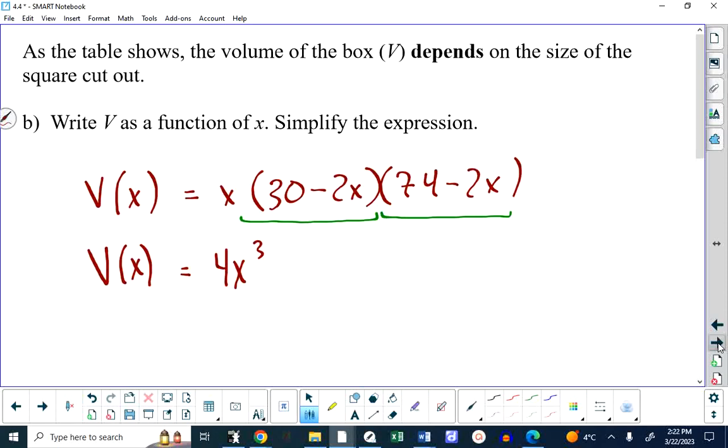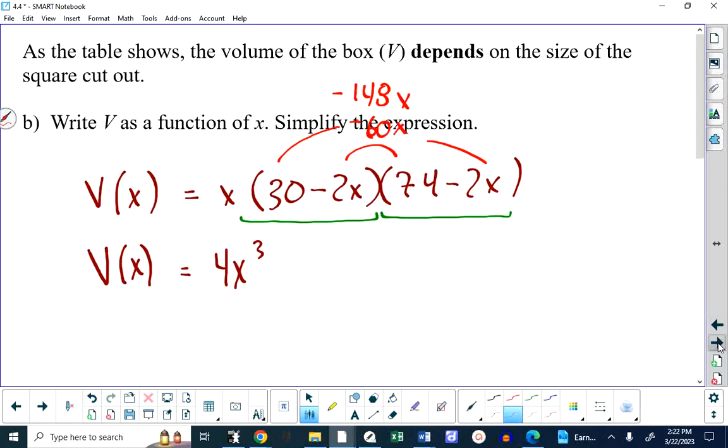When I multiply this out, and you will have to double check my math here, my outer will be negative 148x, and my inner will be negative 60x.